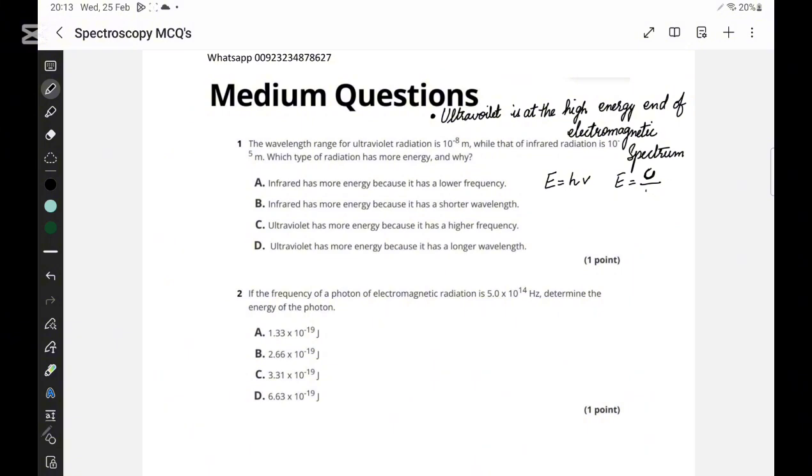So ultraviolet has more energy because it has higher frequency. So option C is going to be the right one.